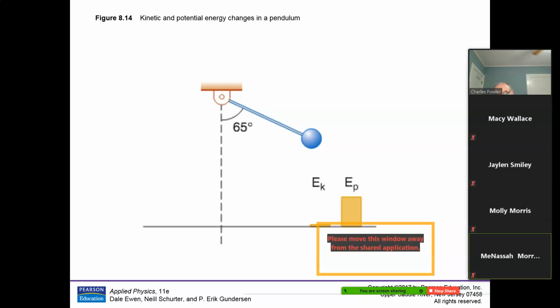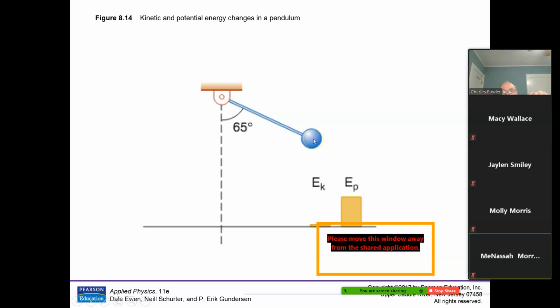If you pull that wrecking ball or the pendulum off to the side, by lifting it up like that, you're taking it from its zero reference level, as low as that ball could possibly go, which would be down here somewhere, to a height that's over here. And when you do that, you're giving it gravitational potential energy because you're increasing its height above its zero reference level. MGH, that's your gravitational potential energy.